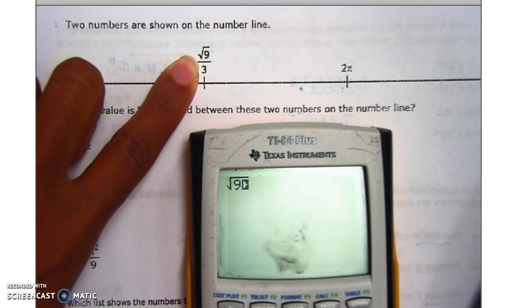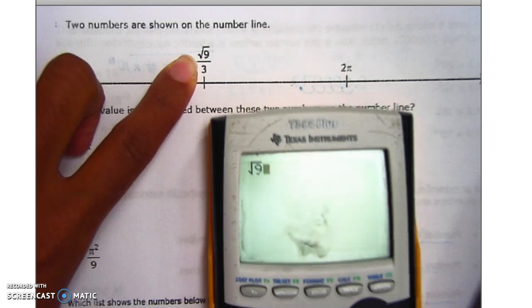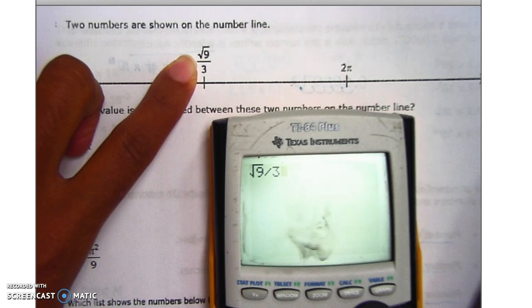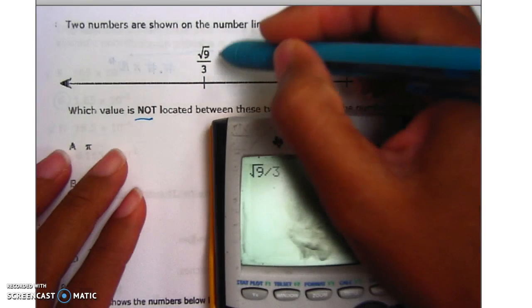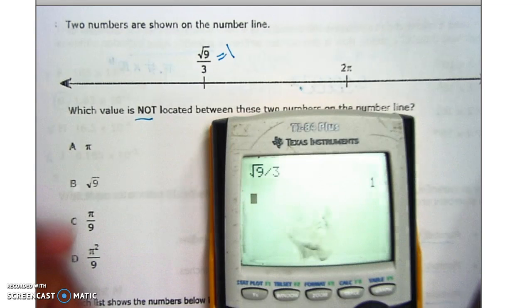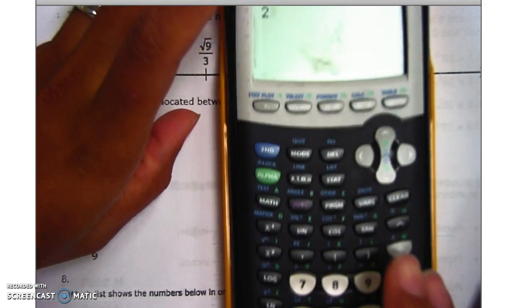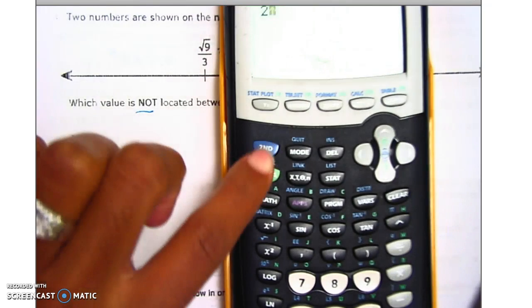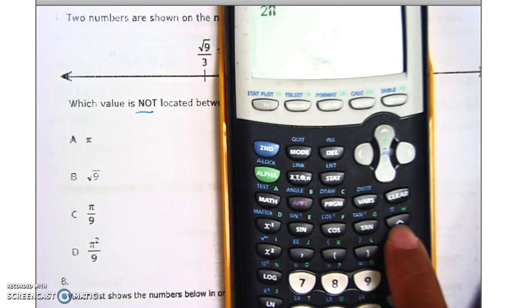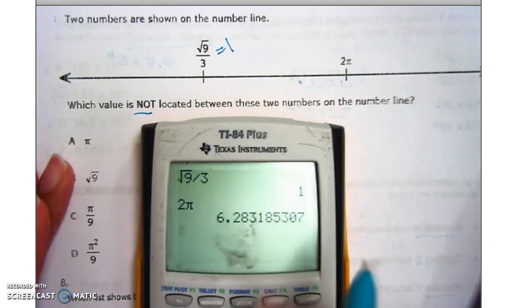Right arrow button right here to get out of the square root, then divided by 3. So I'm going to put equals 1. Alright, then we got 2, and remember pi, second caret, to get the symbol, enter, 6.28.